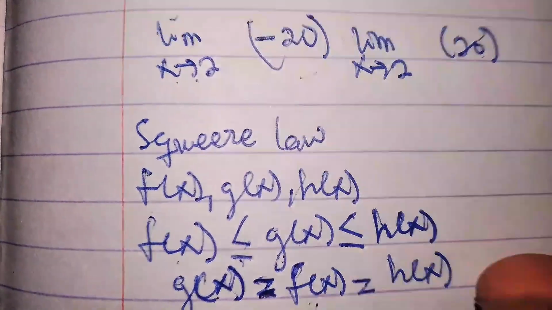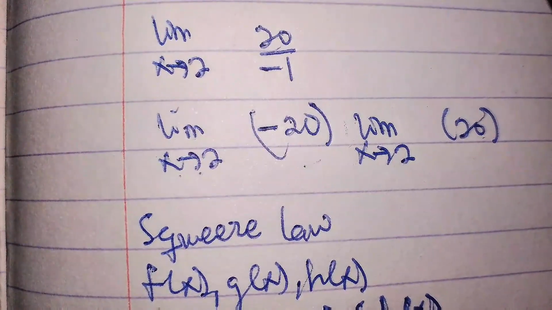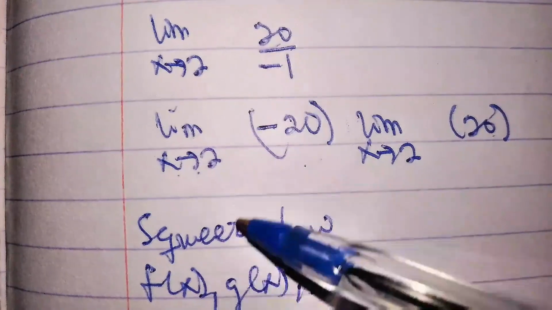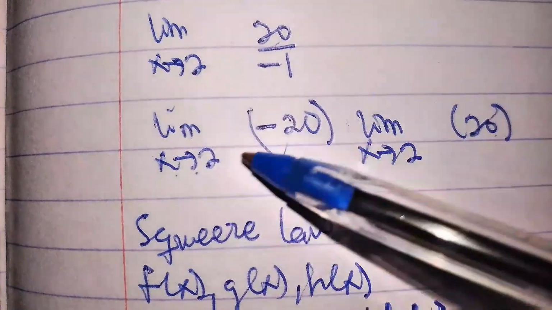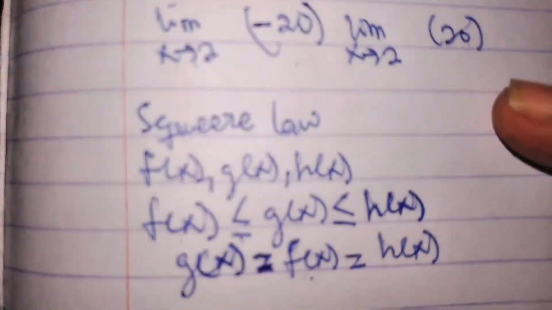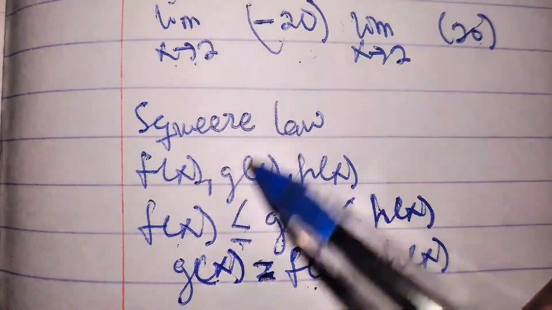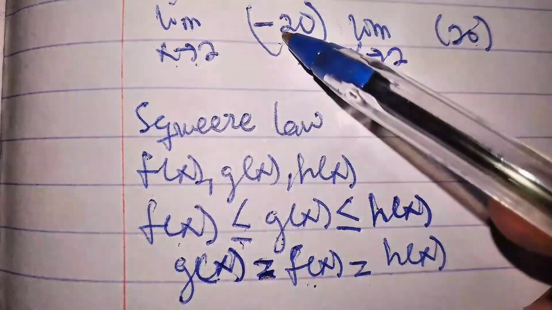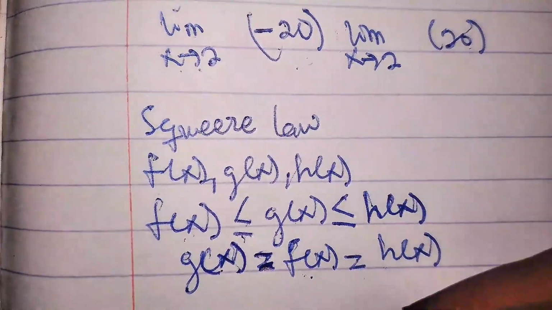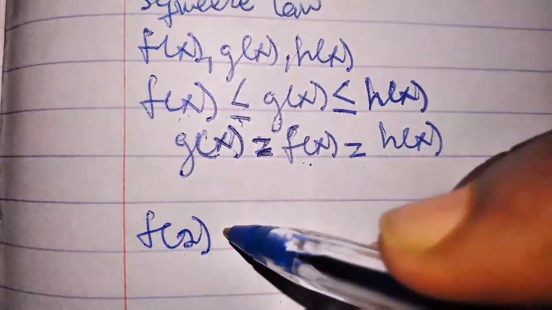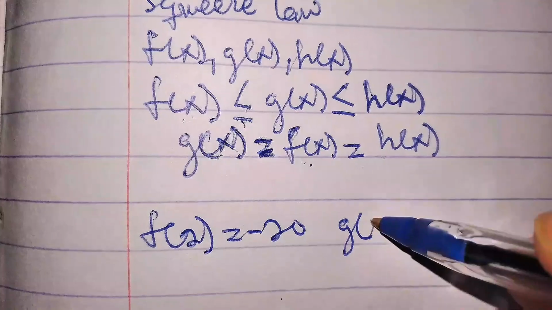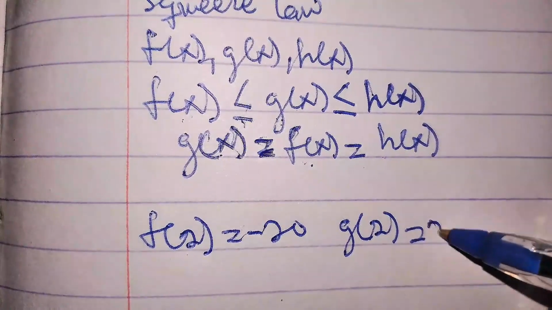Now, taking the negative value we had negative 20, and the other one we had 20. So the value of f of x is negative 20 when x is equal to 2. So f of 2 is equal to negative 20, and g of 2 is equal to 20.